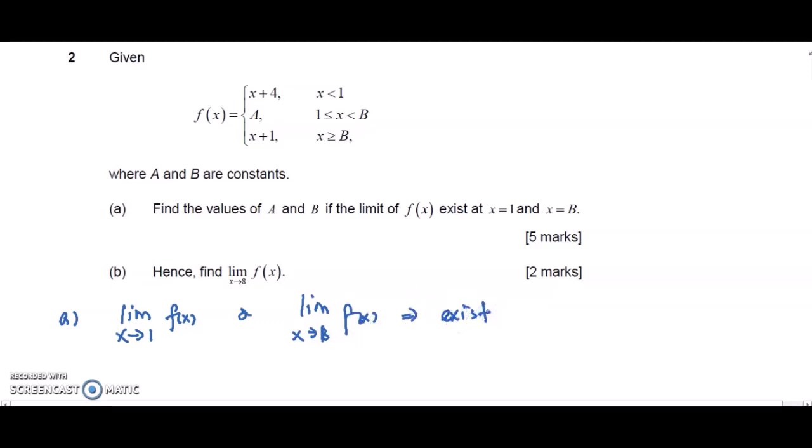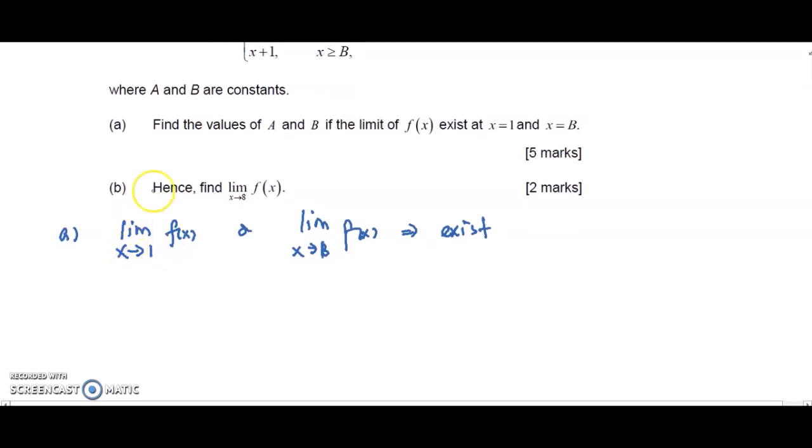So what does this information show to us? If I say that the limit of f(x) when x approaches 1 exists, what does it mean? This means that the one-sided limits must be equal. I mean the right-hand limit must be equal to the left-hand limit.